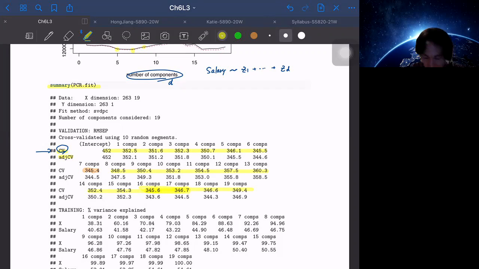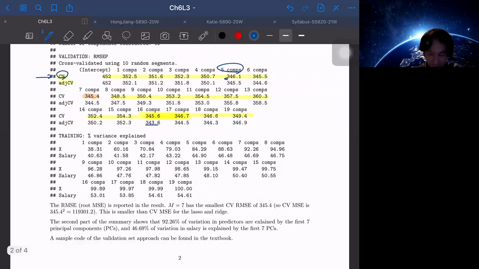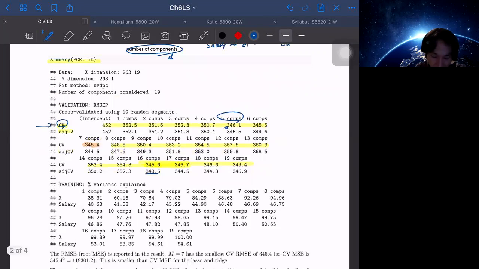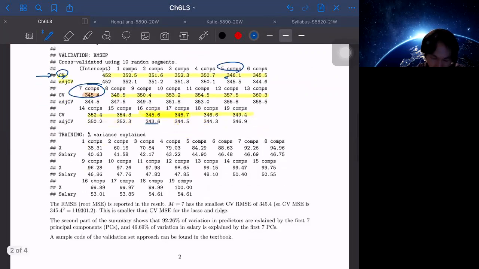Maybe some people use 5 or 6, maybe 5, almost the same. Theoretically, maybe 7 is the best. And the adjusted version is even slightly smaller. So there are several criteria. It's not 100% clear, but probably 7 is sufficient.